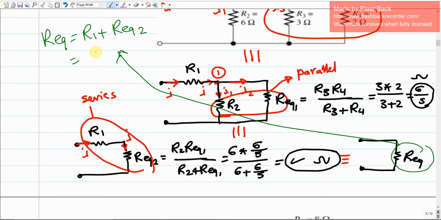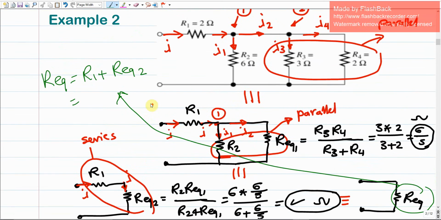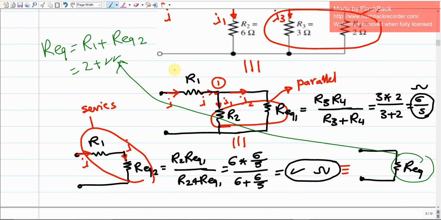R1 is already given as 2, plus R equivalent 2, which we just calculated, this number here. Once we do the calculation, you can substitute it back here, and we're going to end up with something in ohms.